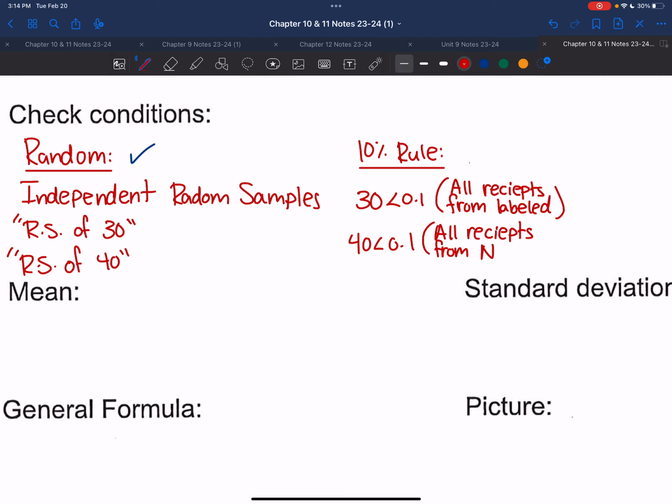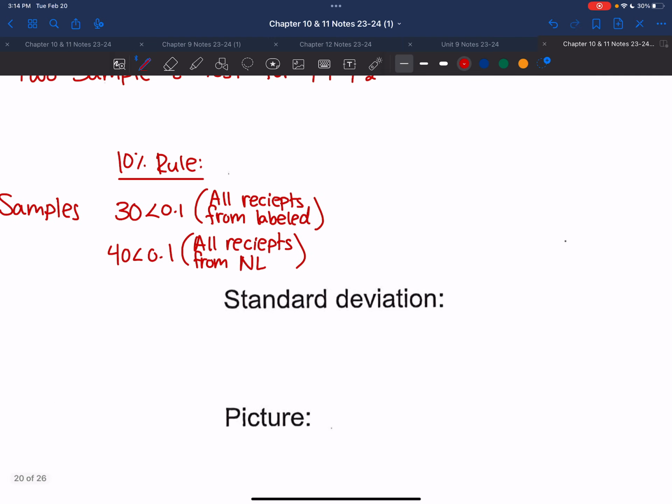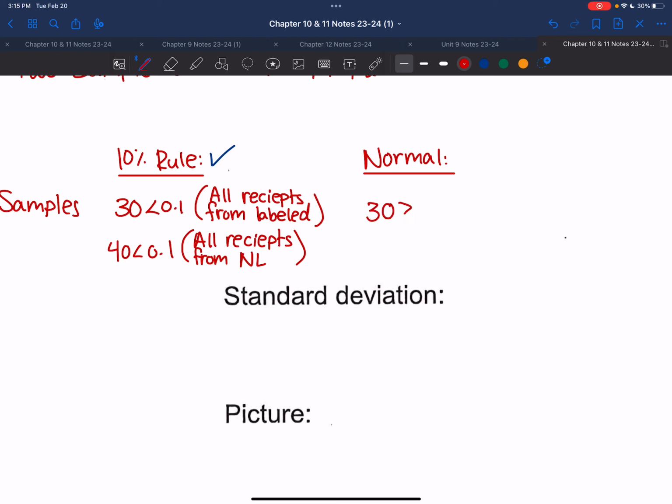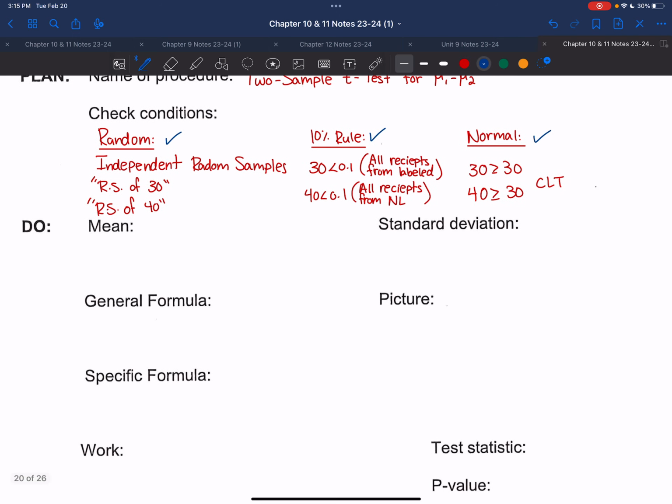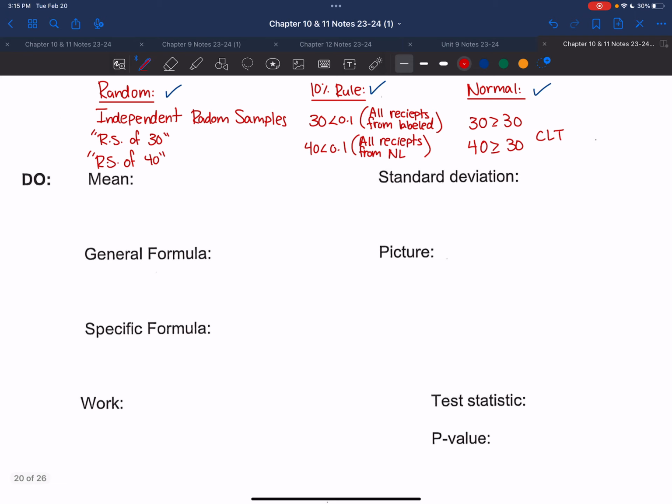Just going to put NL for short. Okay, so that condition is good for both. And then normal. Both of these are larger than 30, so we're going to be good at that. So greater than or equal to. 30 is greater than or equal to 30, and so is 40. So central limit theorem works for both of those. All right, so conditions have been met, so now I can go down to the do section.